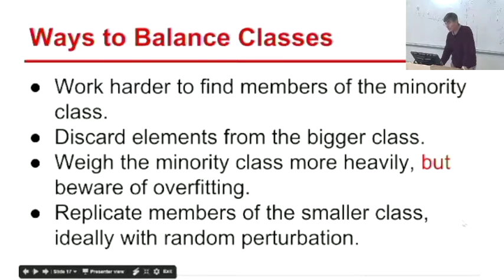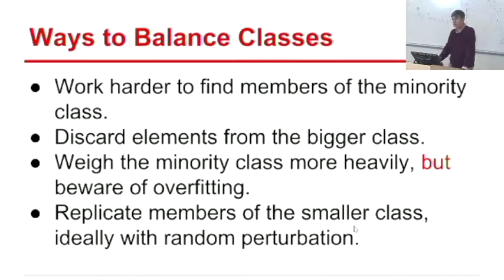So one technique that sometimes works, that seems like a strange idea, but is another way to beef up smaller classes, is to do random perturbations. Instead of saying, I'm going to include 1 million copies of the positive point, okay, or weigh that 1 million times more, what if I take the input vector for the positive point and randomly add some noise to the values?